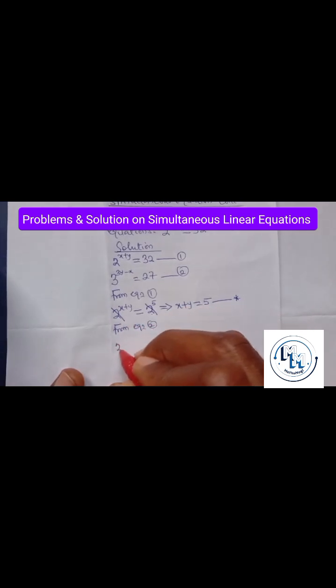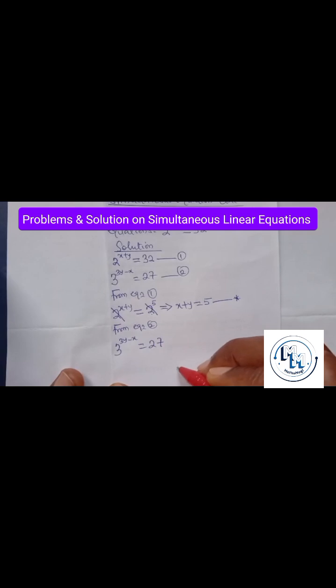Then from equation 2, I have 3 power 3y minus x equal to 27. Is that okay? Now this base here and this must be the same thing. So how do I go? I have 3 power 3y minus x equal to, let me first put 3 here.